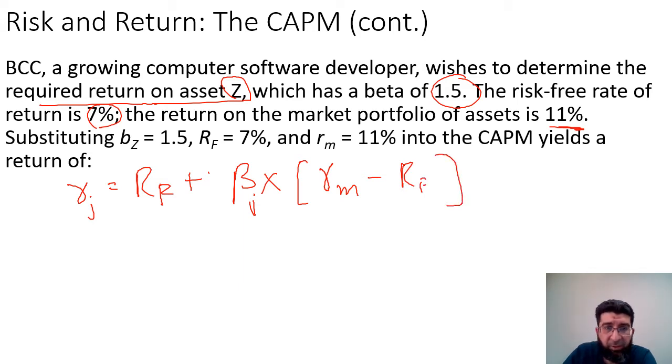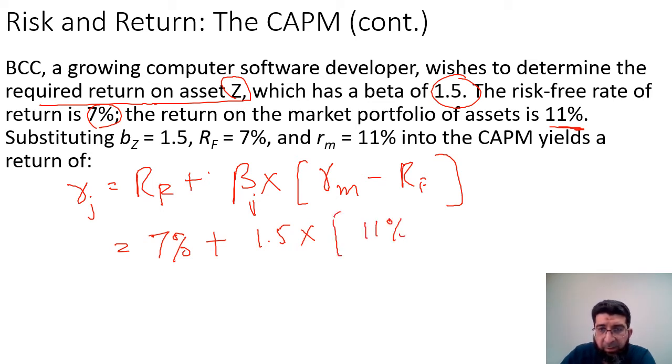This will be 7% plus 1.5 times the market return, which is 11%, minus the risk-free rate, which is 7%.